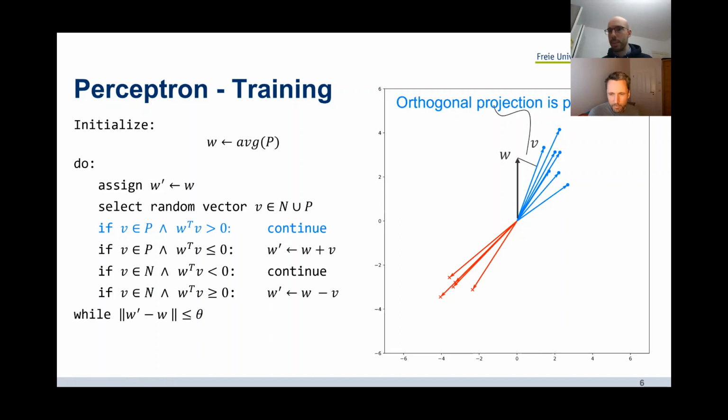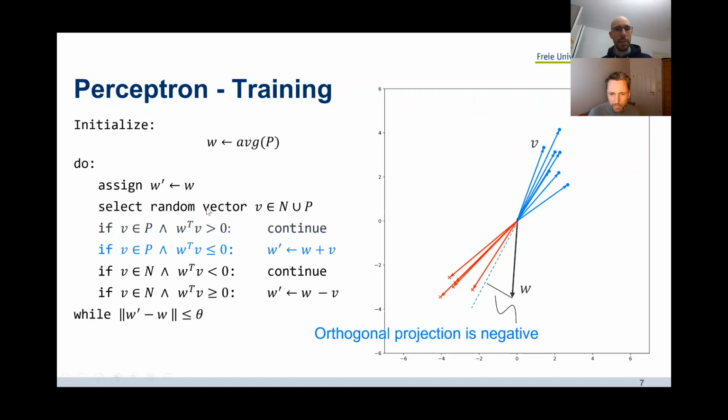Well, in that case, we just continue. We don't need to do anything, because our W already looks similar to V. So it already has the correct orientation in space, and that representative V of our positive data is already going to be correctly classified.